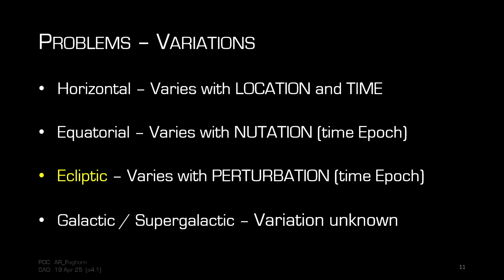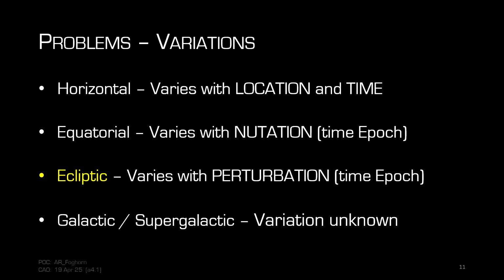Believe it or not, our orbits around the sun are actually affected by this. It's a very slight amount, but it has to be taken into account mathematically. So any measurement taken on the ecliptic system has to have a time epoch, just like the equatorial, so that you can account for the perturbation of our solar system as other solar systems fly by us and their gravity interacts with our gravity.